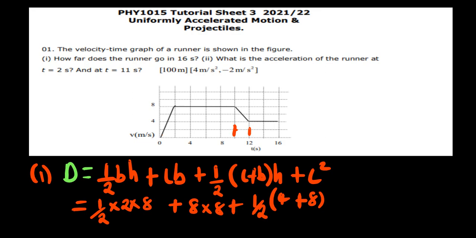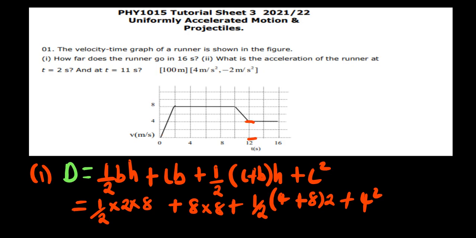The height for this one is from there to there; if this is 10, that is 2. Plus our L squared. The length of this square is from 12 to 16, that is 4, right? So 4 squared. This other side from here to here is also 4. That's why I've said 4 squared.